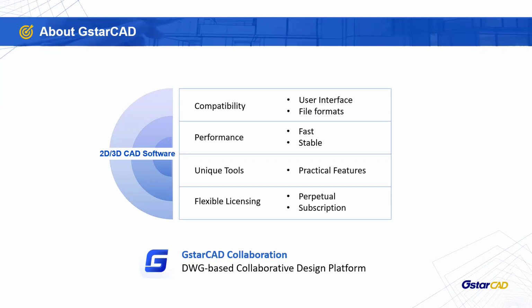In GstarCAD, we have 2 options. Depending on whether you are looking at a long-term investment or a short-term investment for just a particular project, we have perpetual licensing for those who constantly need to use the software for their job, and for those who just need the software for a short term, we have a subscription mode for you to choose as well.